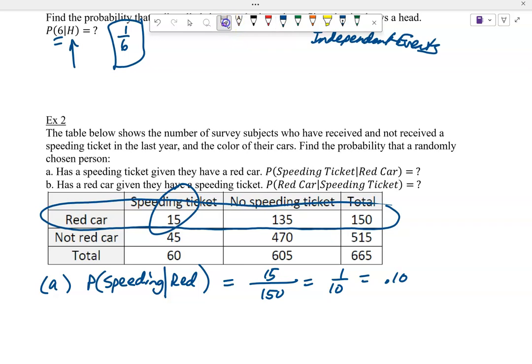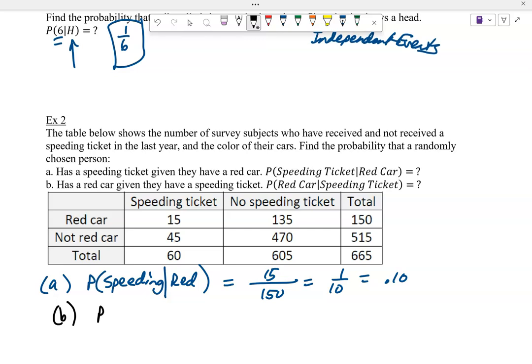Now let's do part B. Part B says, what's the probability that you pull somebody out of the bag that has a red car, given I'm only pulling out those that have a speeding ticket. I'm only looking at those in the bag that have a speeding ticket. All speeders.